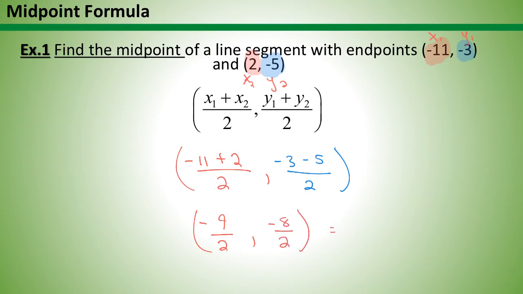I could write this as a decimal: -4.5 and -4.